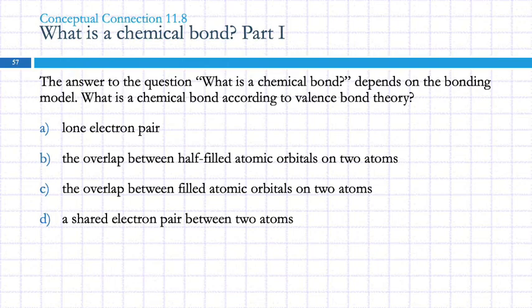It'll be B. Letter D is how the Lewis model views bonding, a shared pair of electrons. So here we're looking at the overlap of 2 half-filled orbitals.